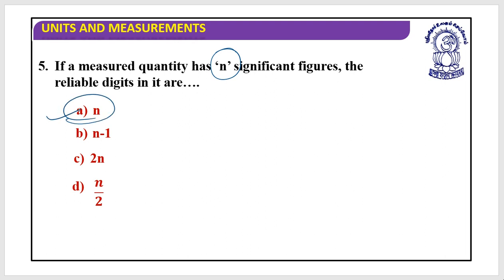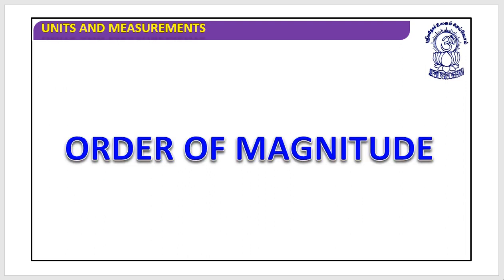The total number of significant figures should be the reliable digits, and we are considering significant figures from that point of view only. Okay, so let's move to the order of magnitude.